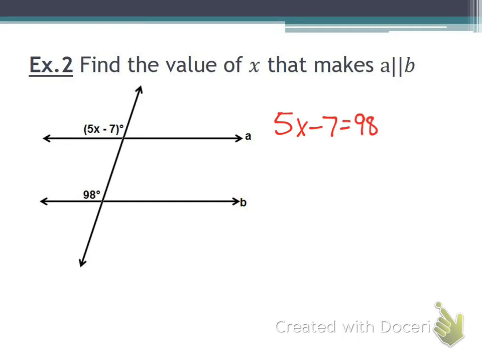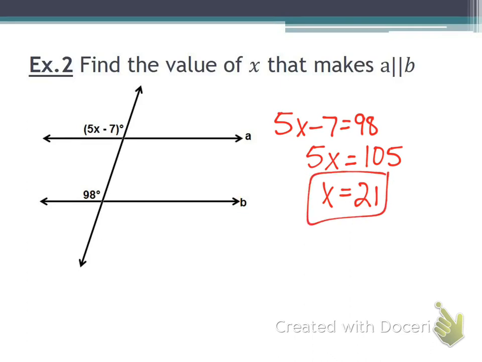To solve it, we need to add 7, 5x equals 105, and then divide, x equals 21. Figure out what the relationship is. Think about what that means for parallel lines. Anybody need more time or have questions on this slide? Okay.